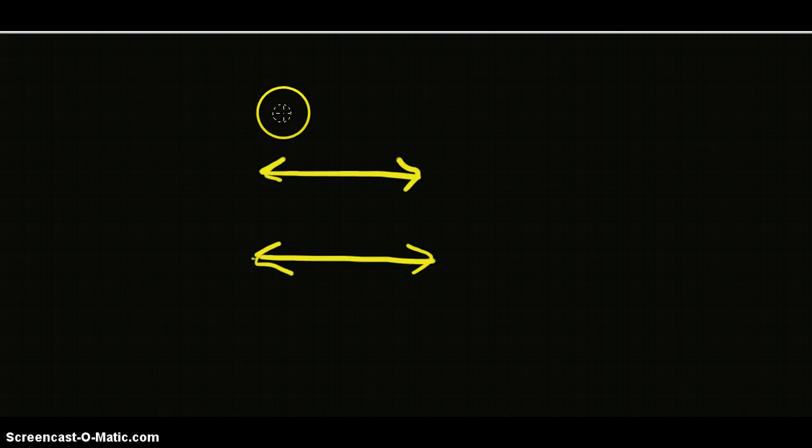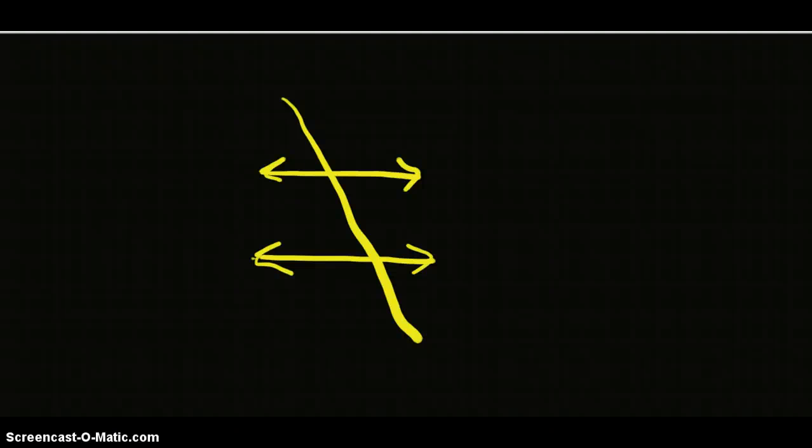That's interesting information. I'm going to put a transversal through these parallel lines. Transversal simply means that there's a line drawn across them. But let's make some observations about these parallel lines and the transversal, shall we?